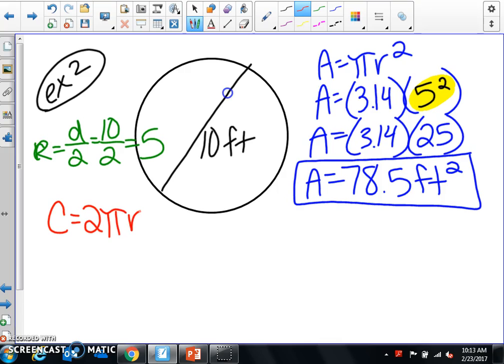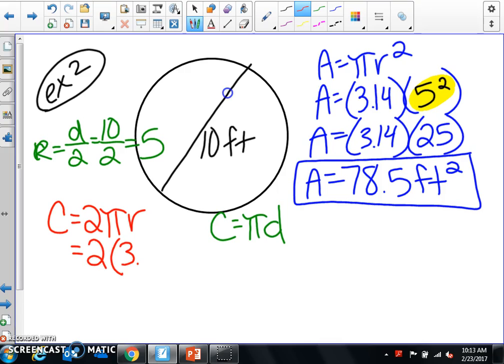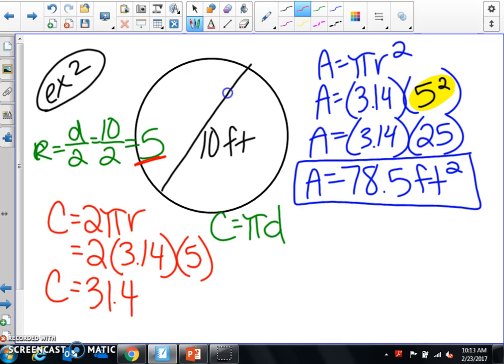For circumference, remember there's two formulas for circumference, and I'm going to show you both, but I would rather you once again use 2 pi r. But technically you could use pi d, and I'll show you that you get the same thing. So circumference equals 2 pi r, so 2 times, turn pi to 3.14. My radius is 5. If I plug that into my calculator, 2 times 3.14 times 5, I get 31.4 feet.